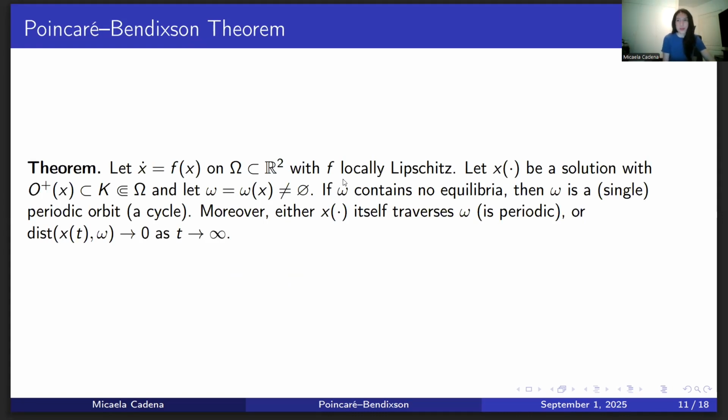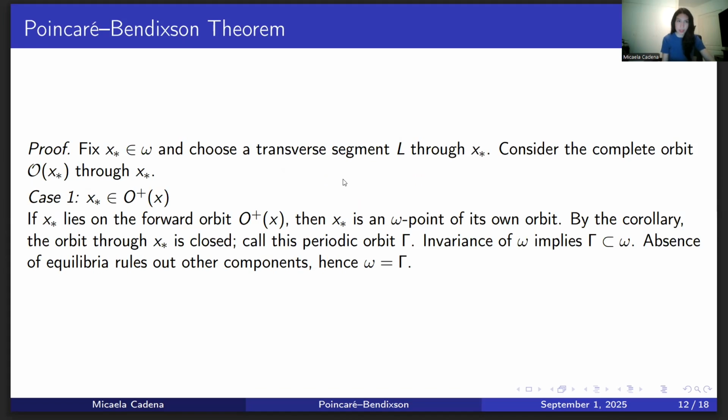With both results, we can already prove our main theorem. Here I have rewritten the Poincaré-Bendixson theorem in a more concise way. And for the proof, we will consider two scenarios. We will consider X star, a point in the omega limit set, and we will choose a transverse segment L through X star.